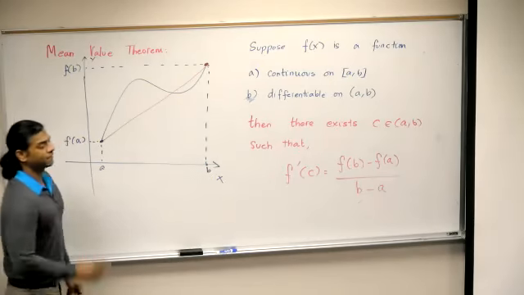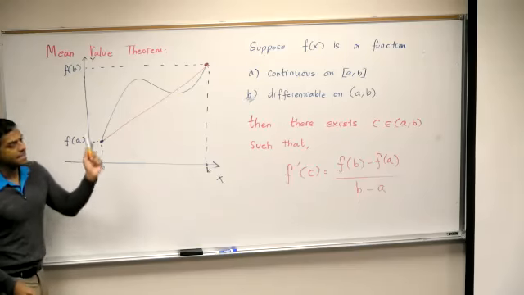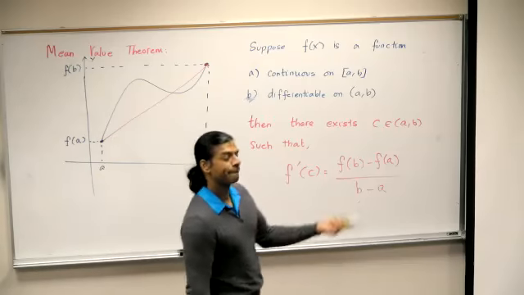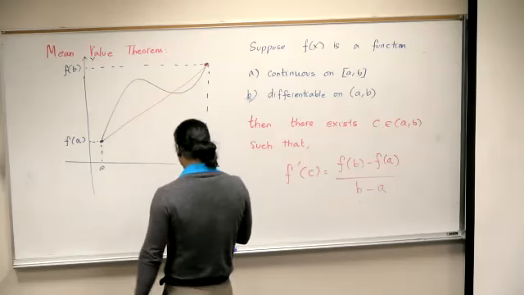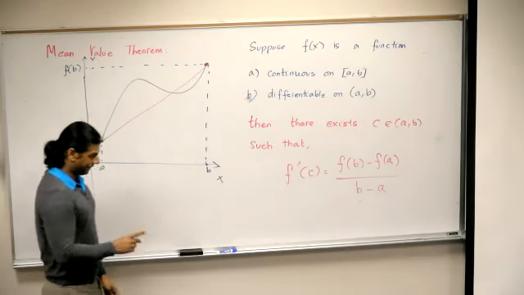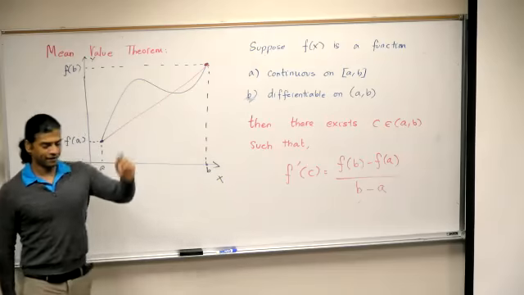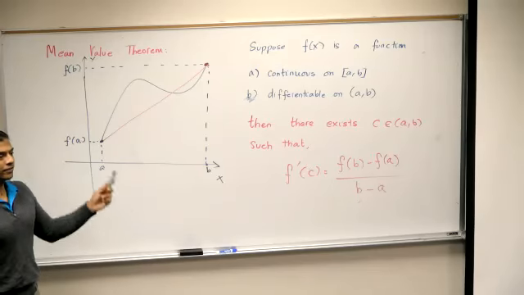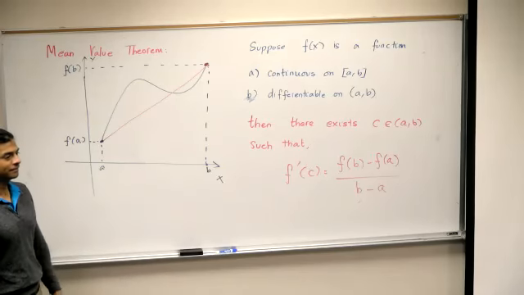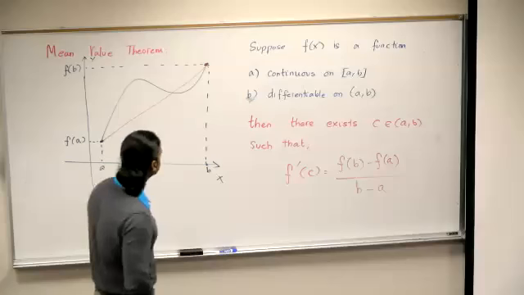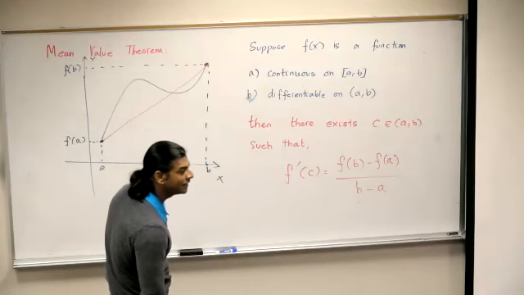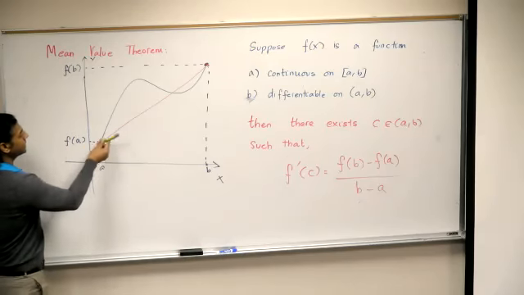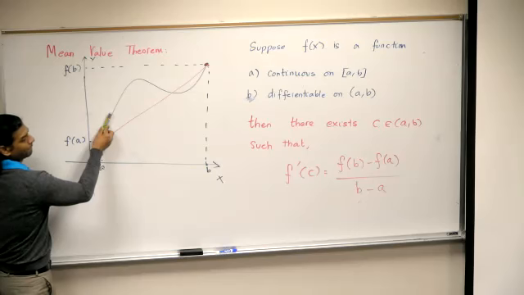Do you see such a point between a and b where the instantaneous rate of change, the derivative at a point c, will match exactly with that slope? Do you see that line? Could that c be right over there?